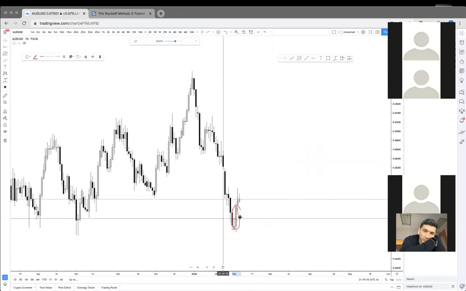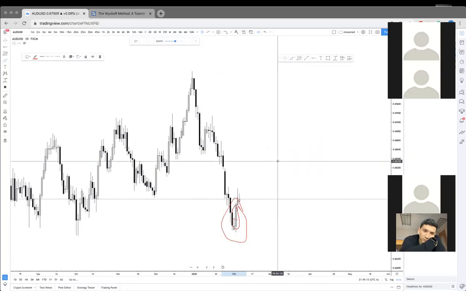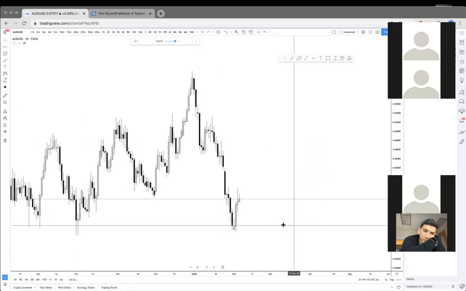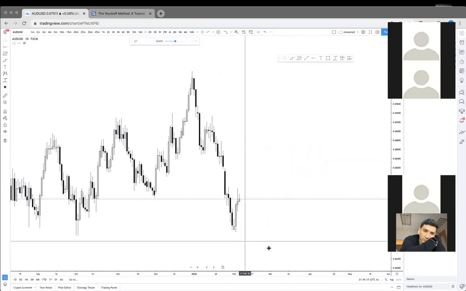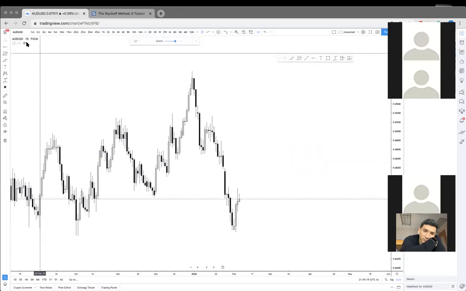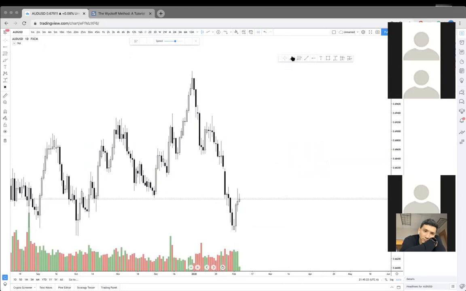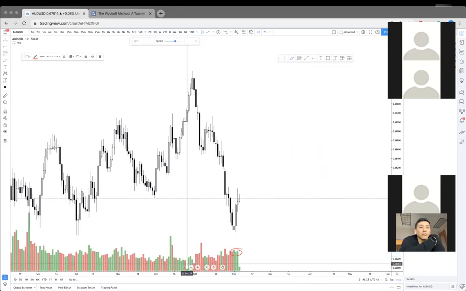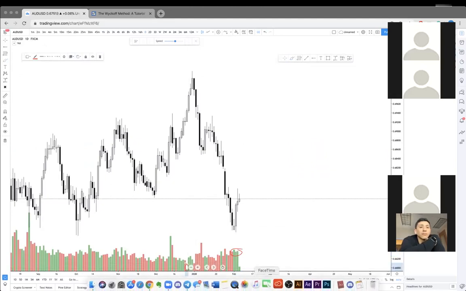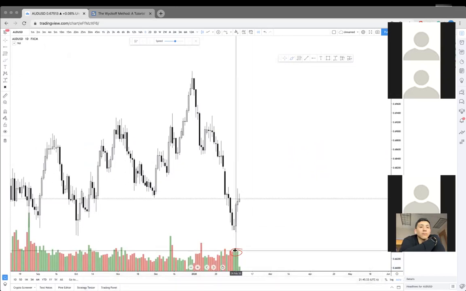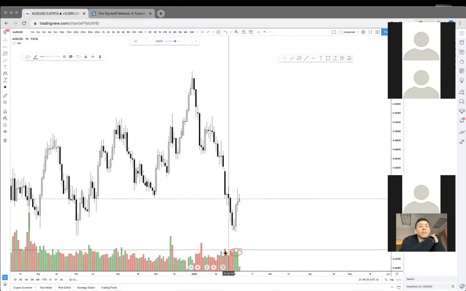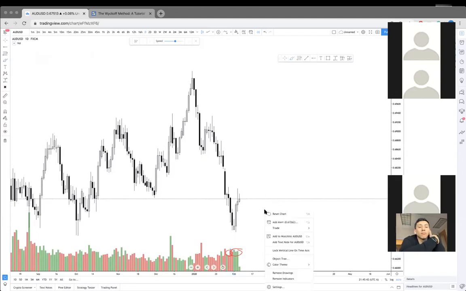In essence, that could even be considered a morning star pattern. Look at this, that's strong volume there. It engulfed all the previous bearish volume, so it wouldn't make sense to me.